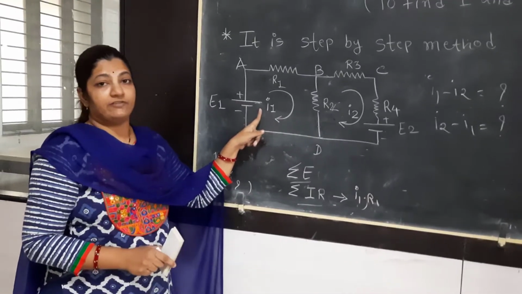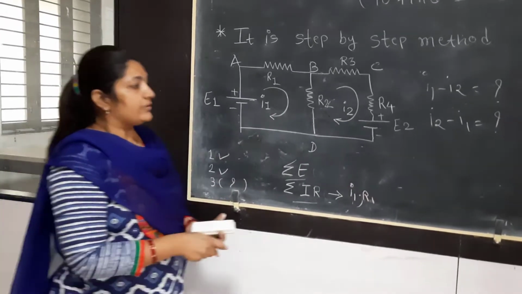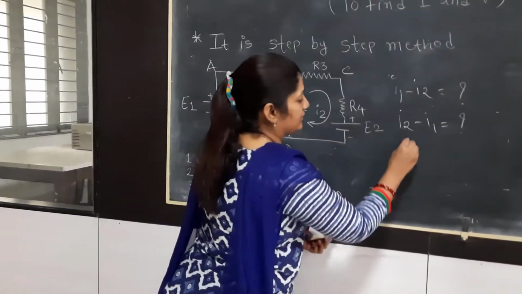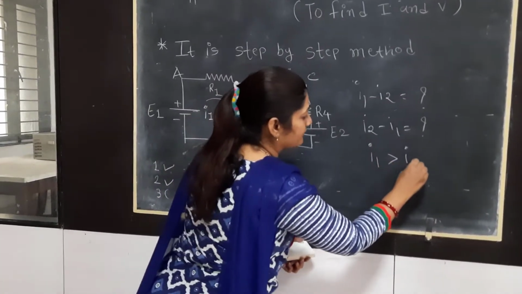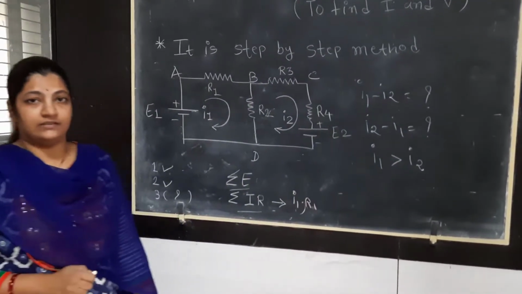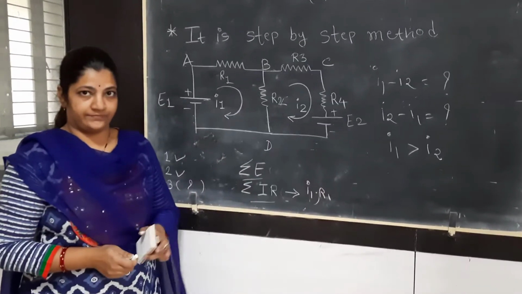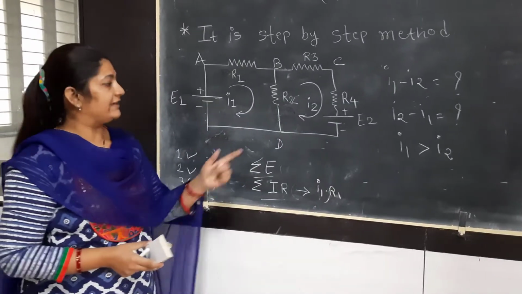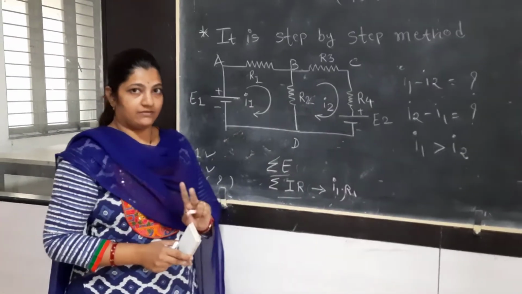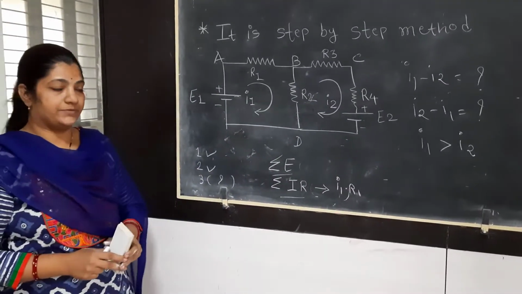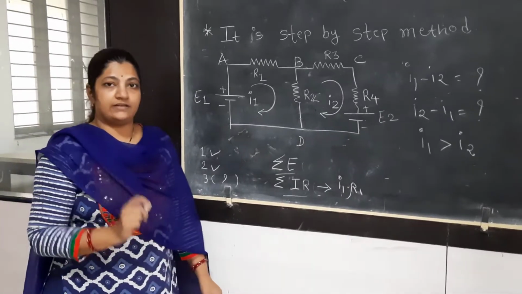And again we make the assumption that for principal mesh, that mesh current will be greater than another mesh current. This is our assumption, because we don't know the value of I2 and I1 right now.